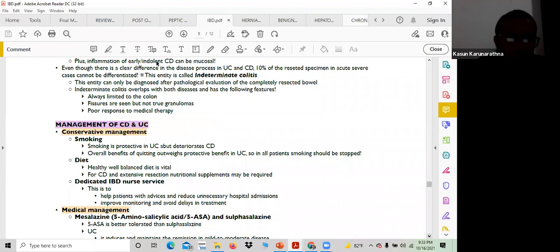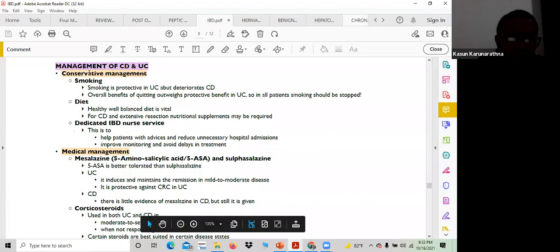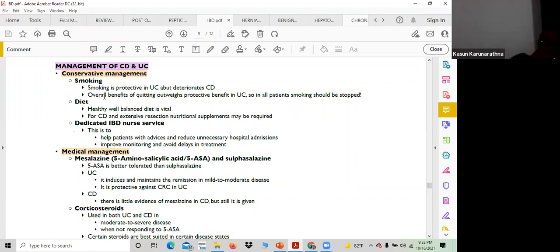Yes, management of Crohn's and ulcerative colitis, conservative measures, smoking. You should counsel the patient to stop smoking, right? Smoking is protective in ulcerative colitis and it deteriorates Crohn's, but when you consider the overall benefits, it's better to stop smoking, right? Both the arms.